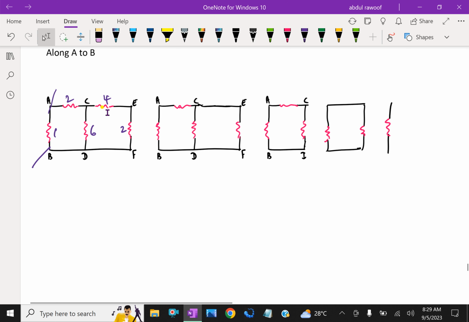Like here, first this 4 and 2 are in series, so it becomes 6 here, and there is already a 6 here, and 1. Next position: this 2 is in series, then 6 and 6 in parallel gives 3.